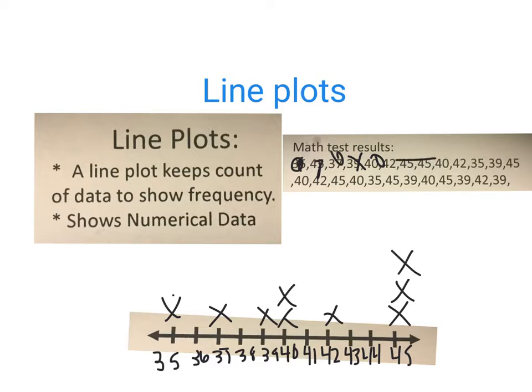You want to try and make sure that all of your X's are about the same size so that when you look at your data, you can easily see which one has the most and which one has the least.